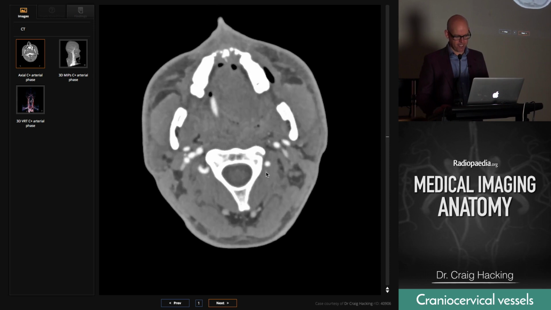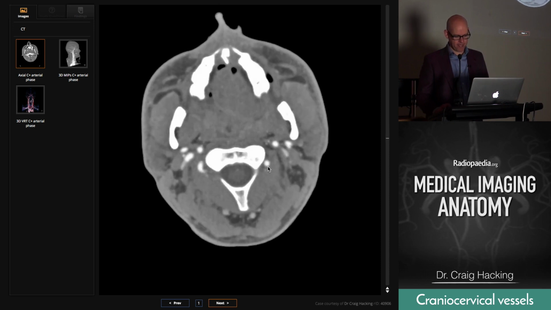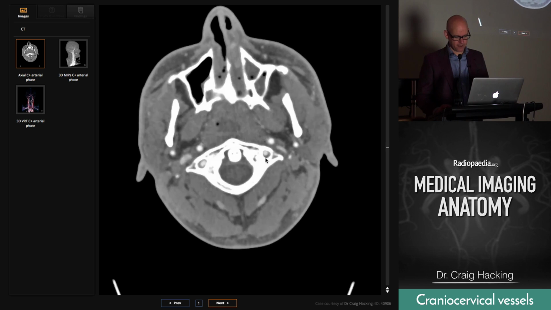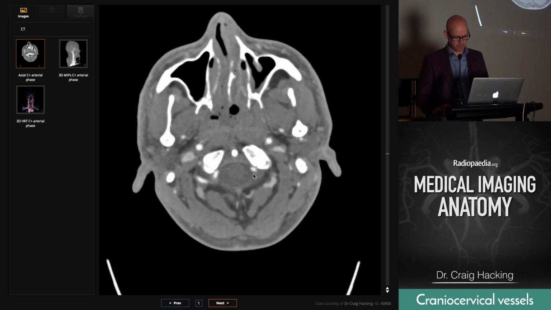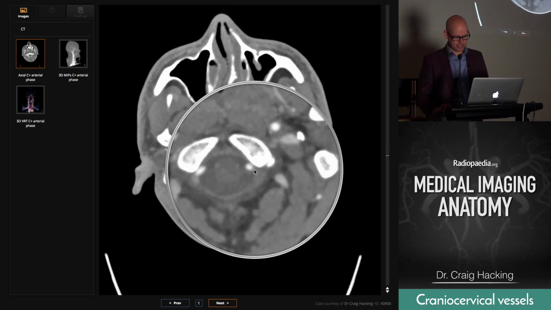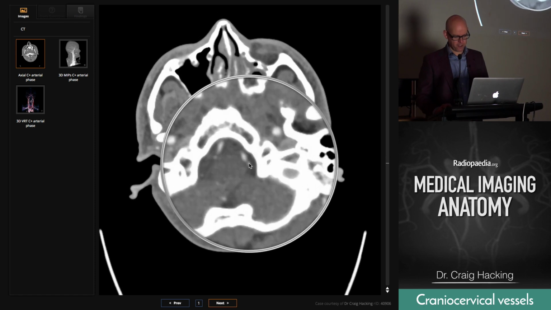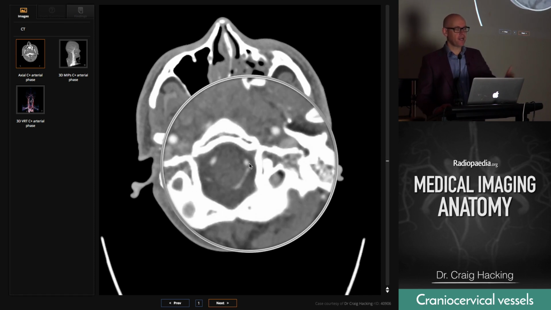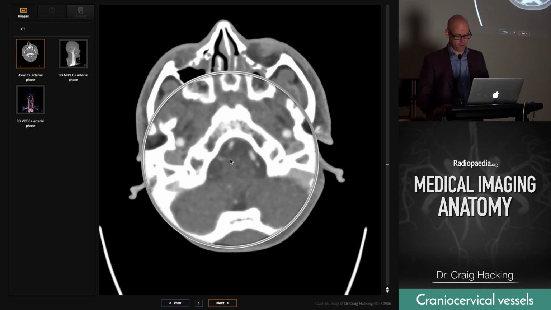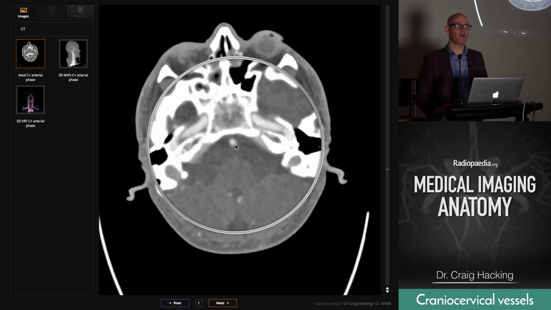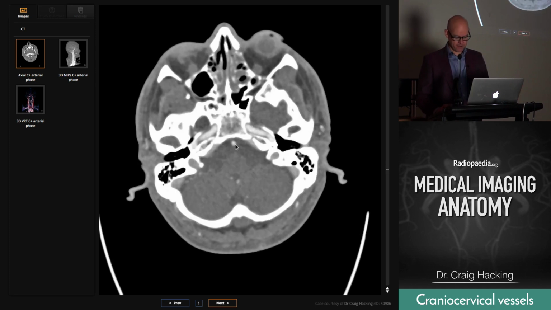This is the V3 segment, and it has to come out for a good reason. I'll tell you why. Going back into C1, and once it pierces the dura here, okay, it's V4, the intradural component, which will give off the spinal arteries and also PICA, and then it will course towards the midline to join with the contralateral vertebral artery to form the basilar.